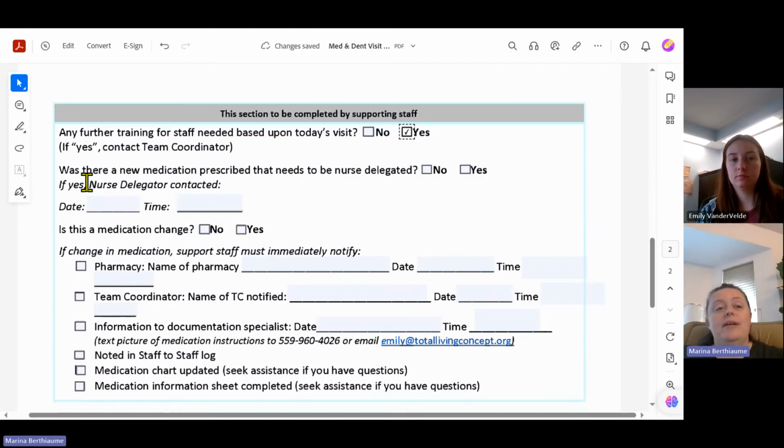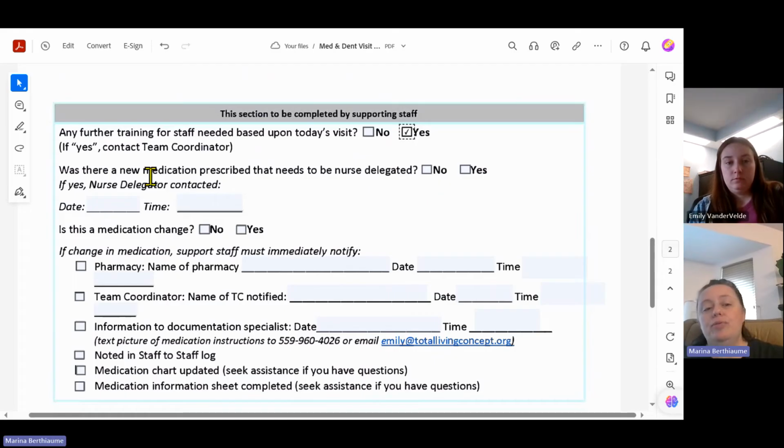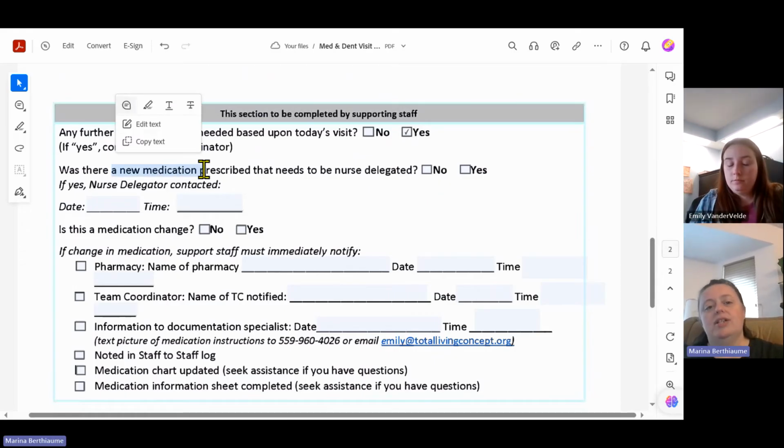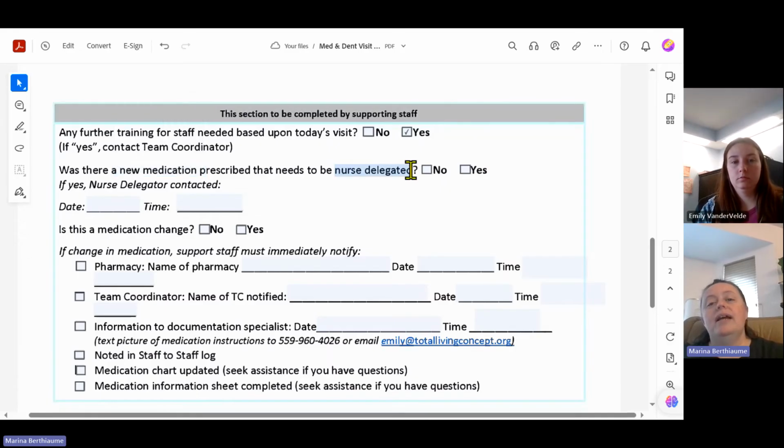Go down to the next thing. Was there a new medication prescribed that needs to be nurse delegated? So, new medication, let's make sure: is this a new medication? And if this is to be nurse delegated, that means that the person we support is not able to administer it themselves.